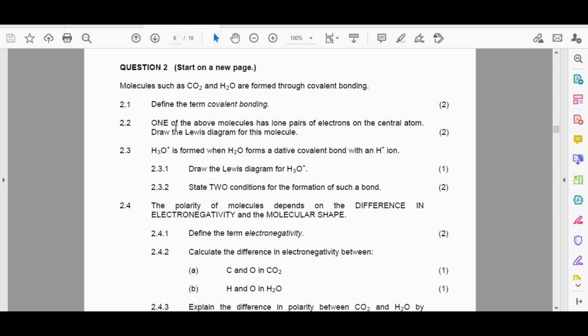Can we please do 2.2? Can we please do 2.3? That is 2 marks, and 2.3 is 3 marks. That's 5 minutes. And then can we please do 2.4?